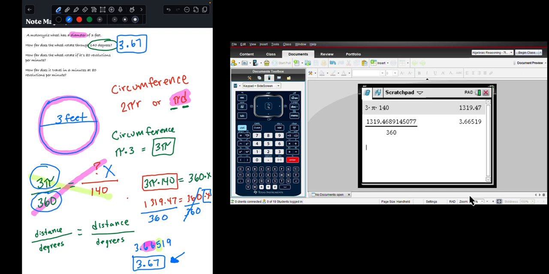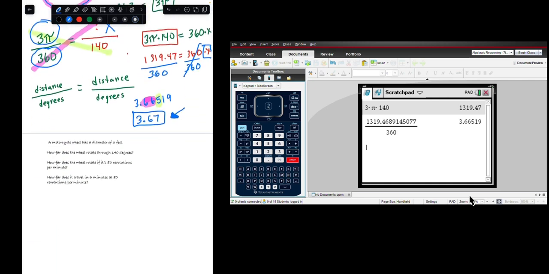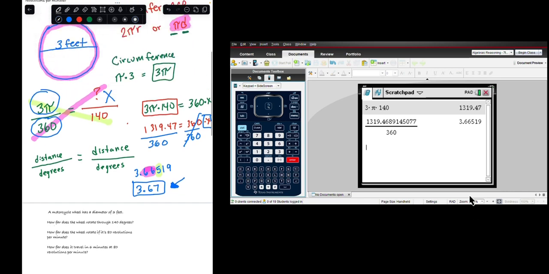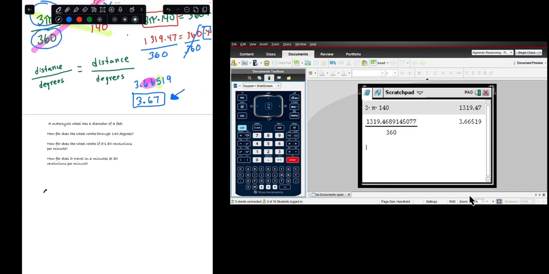The next question is asking us, how far does the wheel rotate if it rotates 80 revolutions per minute, guys? So earlier what we did, that's going to be talking about circumference, okay? So we know for one revolution, our circumference was 3 pi.